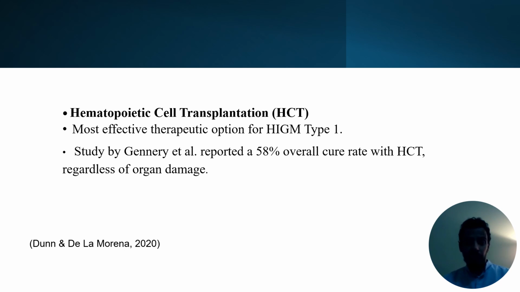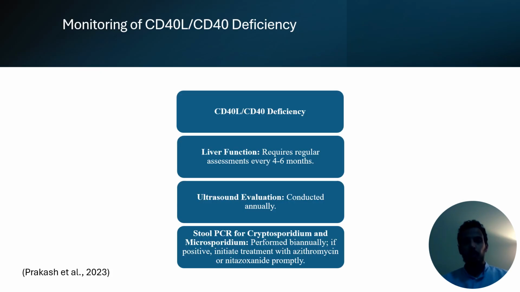A study reported a 58% overall cure rate with hematopoietic cell transplantation regardless of organ damage. It's important to monitor CD40 ligand deficiency, which includes liver function, requiring regular assessment every 4 to 6 months.